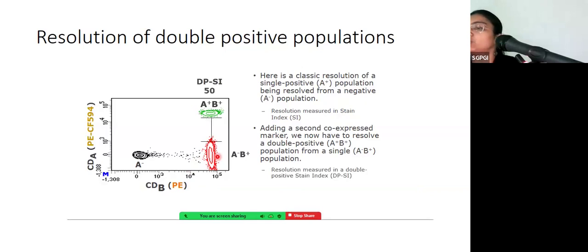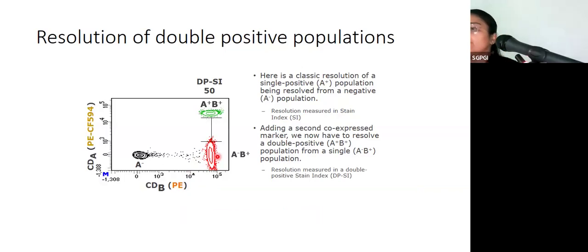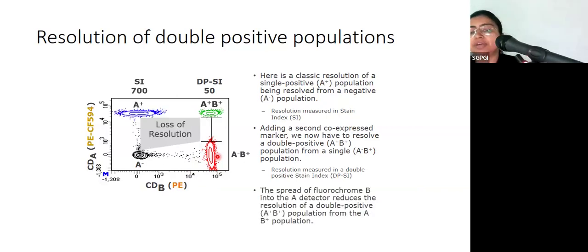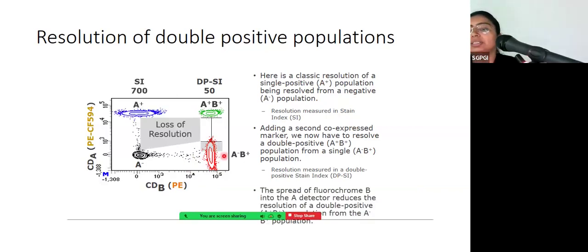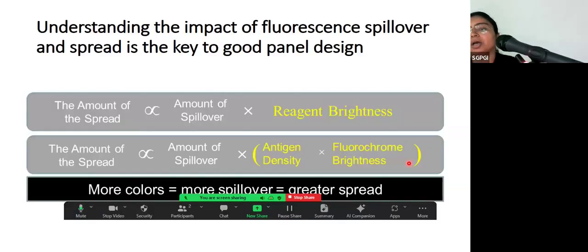This space reduces, right? So from a single positive where A versus negative for A, you could resolve very, very well, the A positive, B positive becomes difficult to resolve from B positive because B positive cells have a wide spread. So this is something that we need to keep in mind because this leads to loss of resolution.